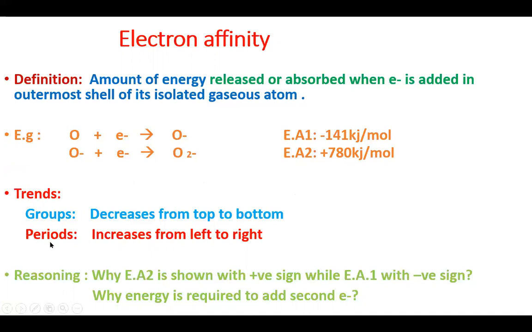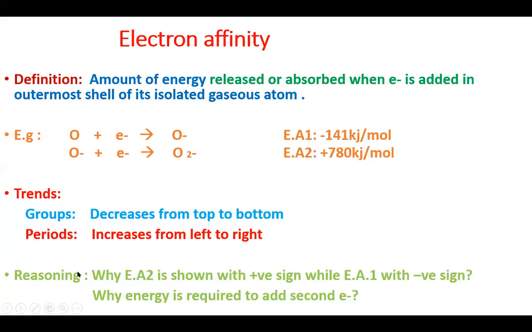In the case of a period, the value of electron affinity increases from left to right. When we move from left to right across the periodic table, the elements on the right side have a greater tendency to attract electrons. That's why more energy is released. So we can say that the value of electron affinity increases from left to right.